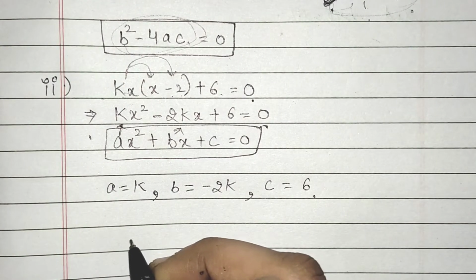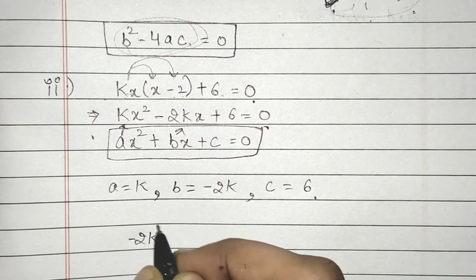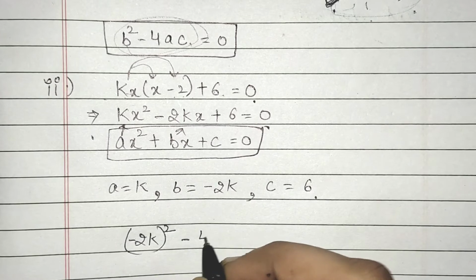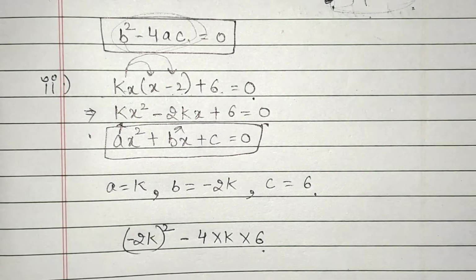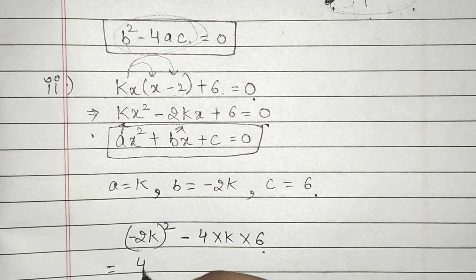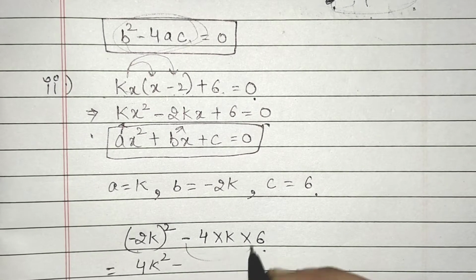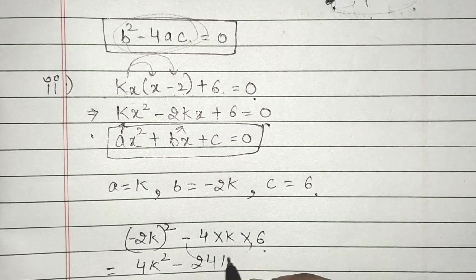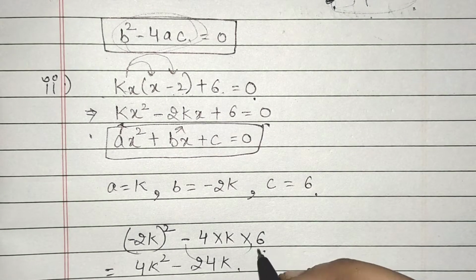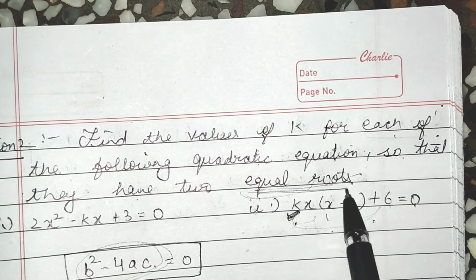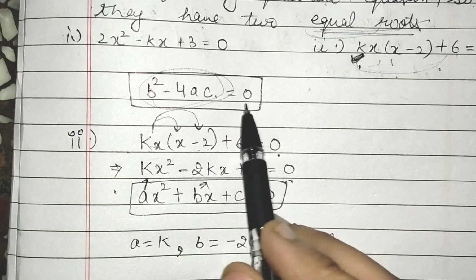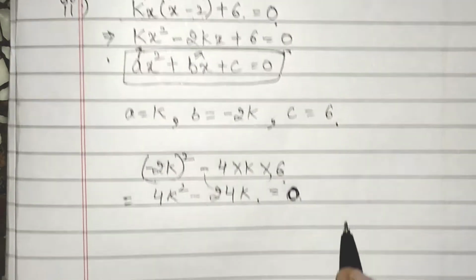So put the values. B square is what? B is minus 2k, squared, minus 4 times a, where a is k and c is 6. So it will give me 4k square minus 24k, and according to the given condition that both roots are equal, b square minus 4ac is equal to 0.